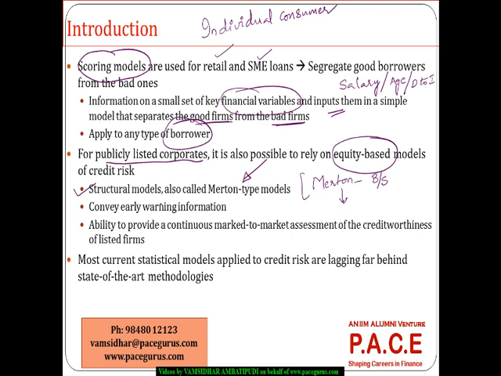The advantage that has been seen by the industry using these models is that they convey early warning information about a particular company. The case study that is used very heavily to talk about it was the WorldCom case study, wherein this model was very early in predicting some kind of drop in the price, some kind of increase in the probability of default associated with WorldCom.